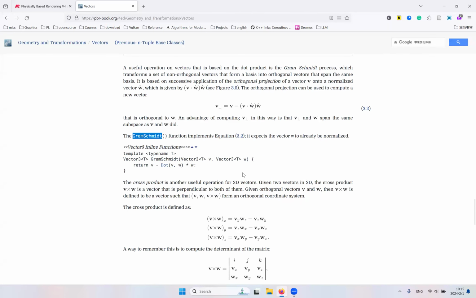Oh, and also Gram-Schmidt, another really interesting, not widely seen function. With the Gram-Schmidt process, basically you have one vector and then multiple vectors and you want to form an orthogonal basis.